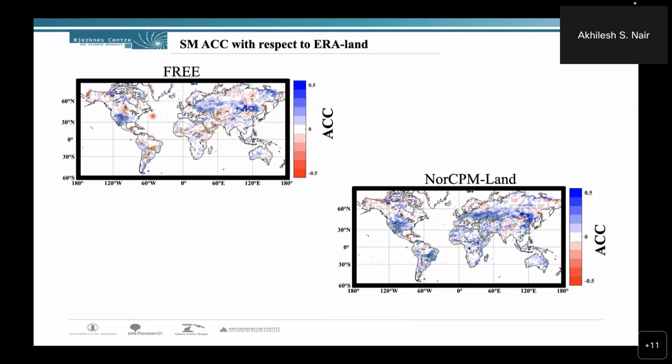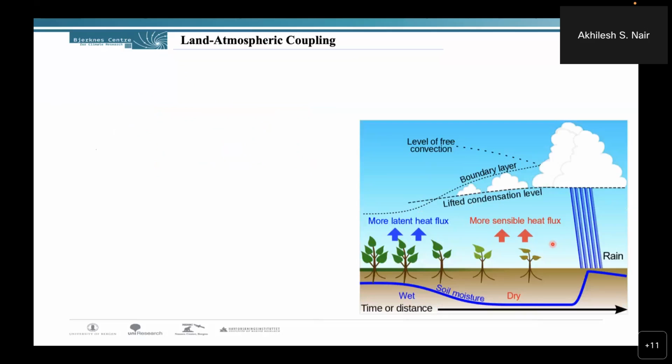We could see that the free run has very few significant correlated points, but after assimilation it has fairly increased. And to be specific, when we talk about land-atmosphere or soil moisture-atmosphere interaction, the global hotspots lie over the US, Sahel and India. We could see the improvement over the Indian region as well, not in this case, but when we checked with the unbiased RMSE value, we could see the improvement there.